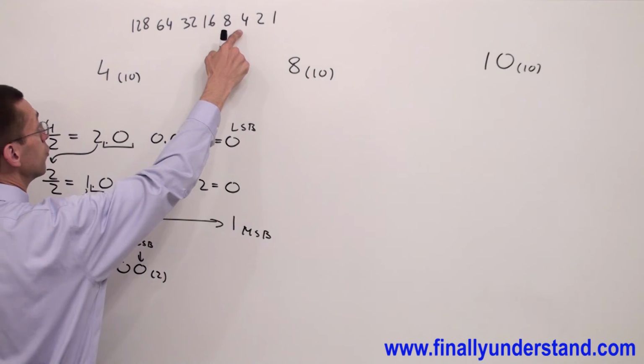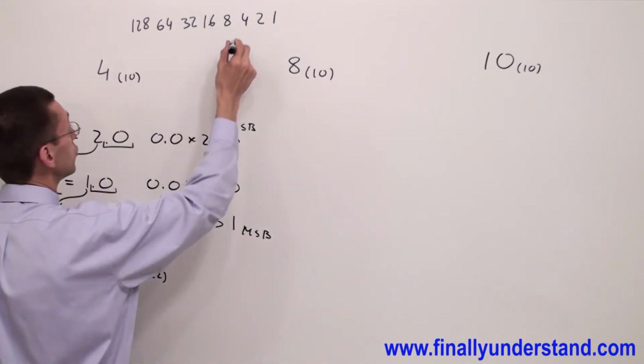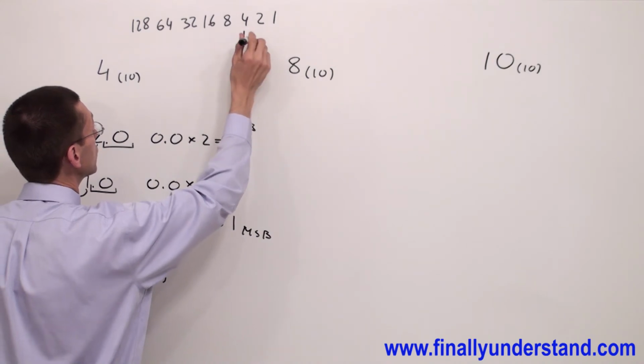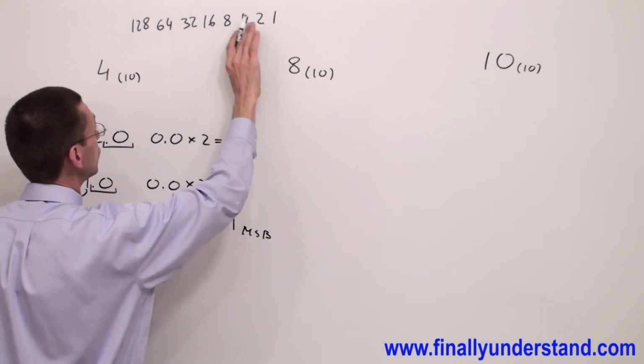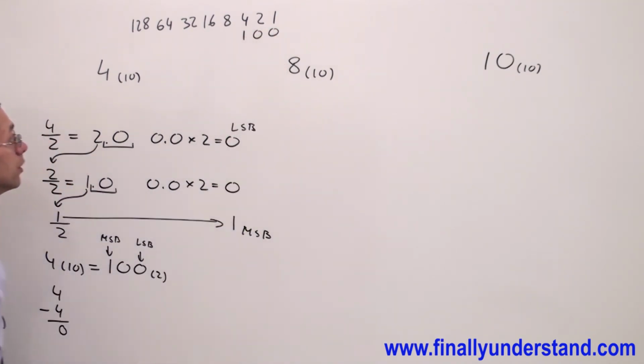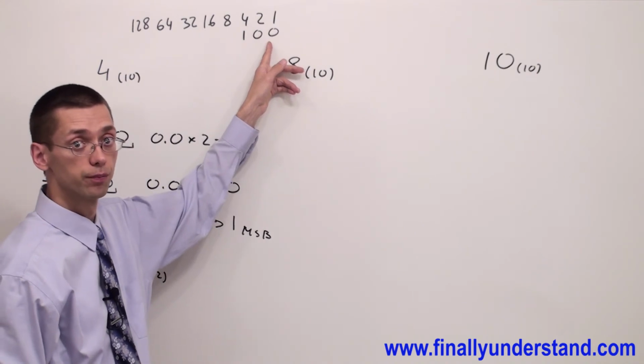My answer is 4, right? Now, 4 minus 4 is equal to 0. So I subtract 4, and whatever I didn't subtract, to the right side, I'm supposed to fill up with zeros. And this is my binary 4.